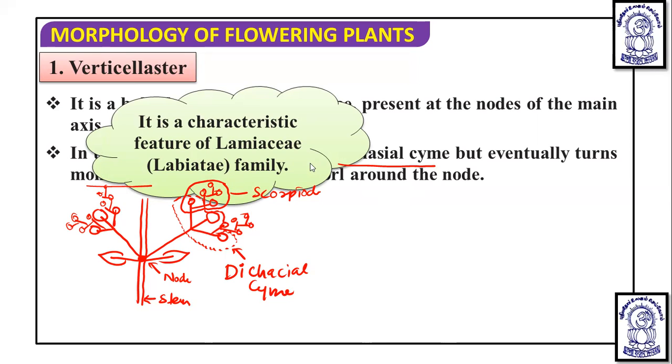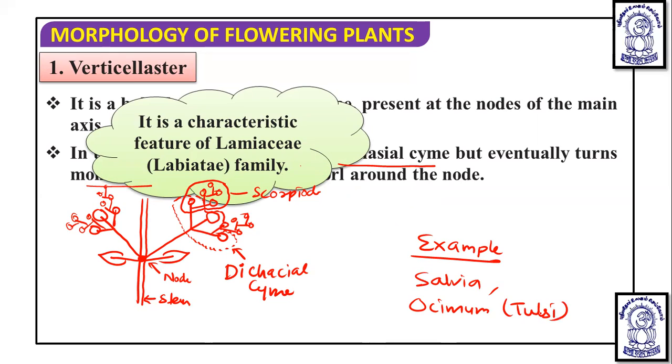And if we talk about the examples of this Labiatae or Lamiaceae family, then they are Salvia and Ocimum.